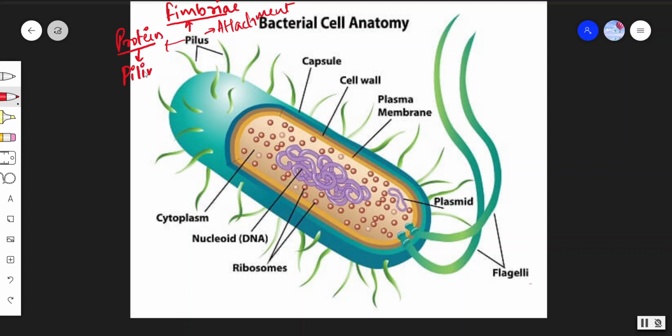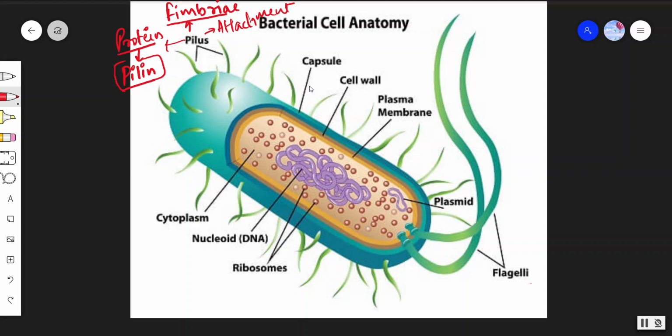This is the protein contained by pilus. Clear? Also known as fimbriae, it is a short filamentous structure, helps in the attachment of bacteria to surfaces, and contains a protein called pilin. Clear?